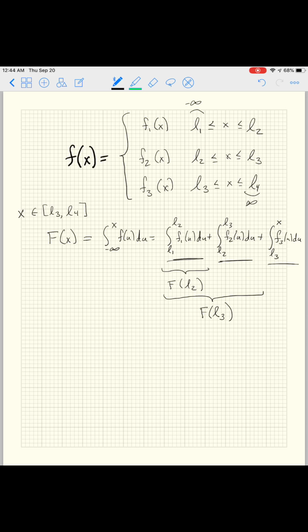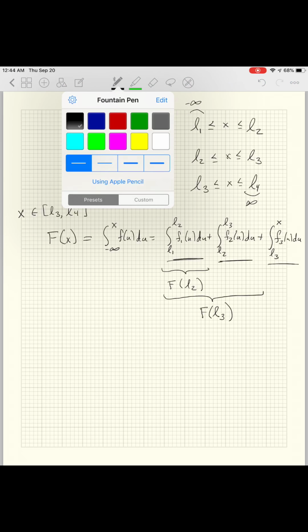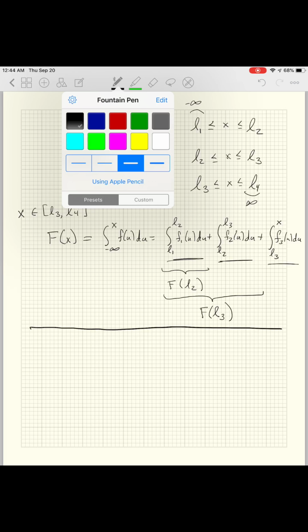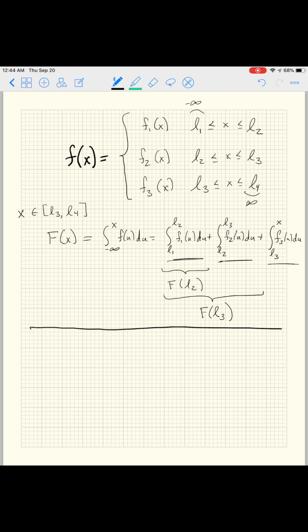So the very general tip that you can take from that is that when you're building your big F of x function in these pieces, the ranges will always be the same.